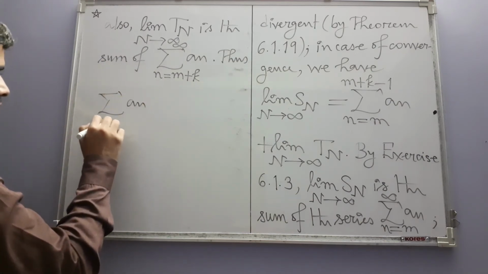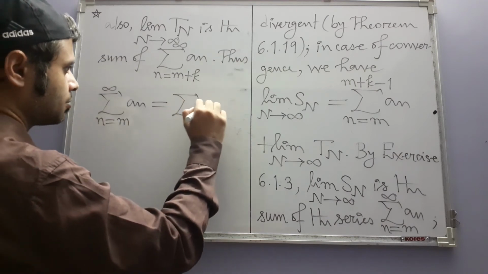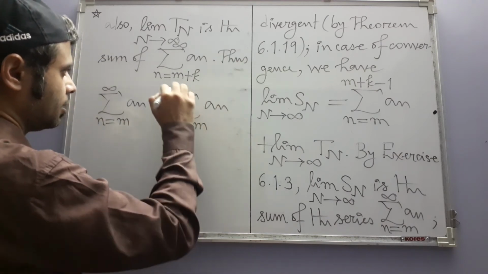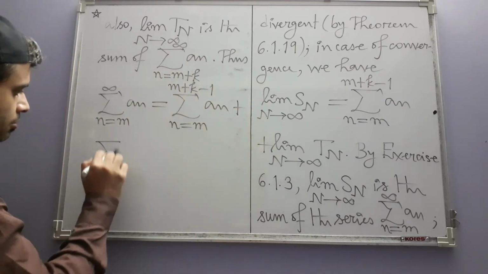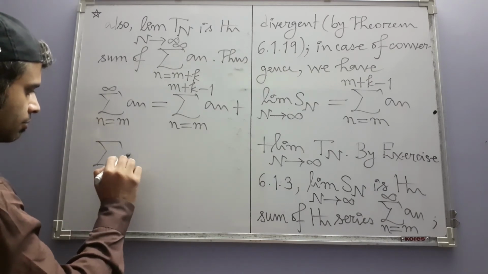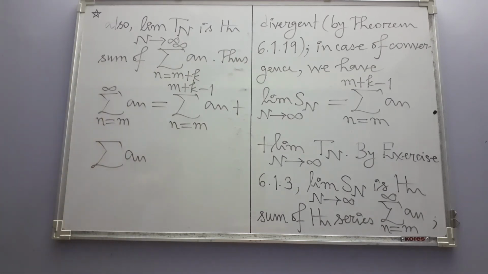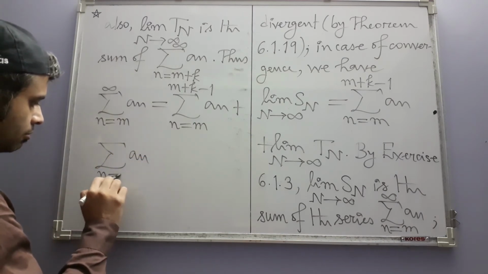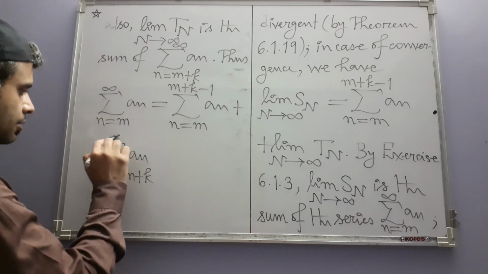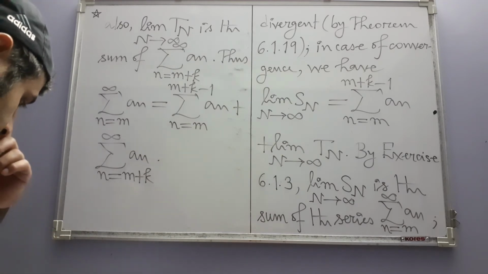Summation of an as n varies from m to infinity equals summation of an as n varies from m to m plus k minus 1 plus summation of an where n varies from m plus k to infinity, and that's what we wanted to prove. So that is the proof of part C, and there is one more also.